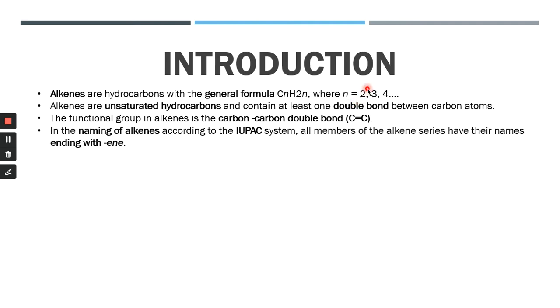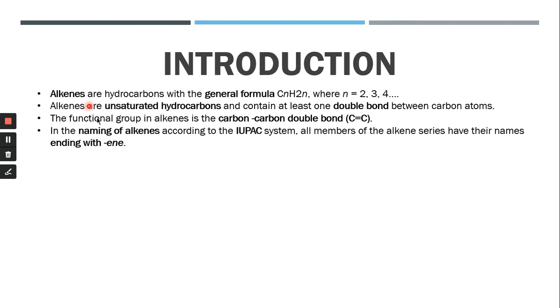Why? Nama pun double bond. Okay, double bond, nama pun carbon double bond. So kita perlukan carbon dengan hydrogen, so mesti ada carbon dengan carbon, baru jadi hydrocarbon. Okay. So memang akan start dengan 2 sebab double bond memang akan melibatkan 2 carbon, bukan satu carbon.